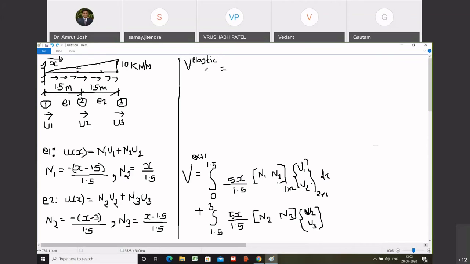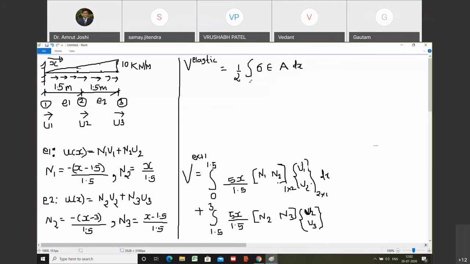How do we write it? Half stress into strain. Agreed? This is strain energy stored per unit volume, multiplied by the constant cross-sectional area A, multiplied by dx. And half is sitting here with its integration.